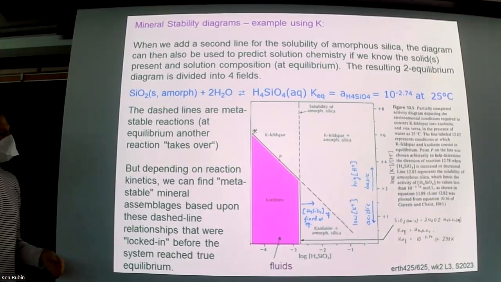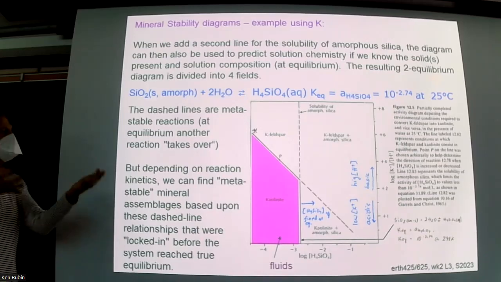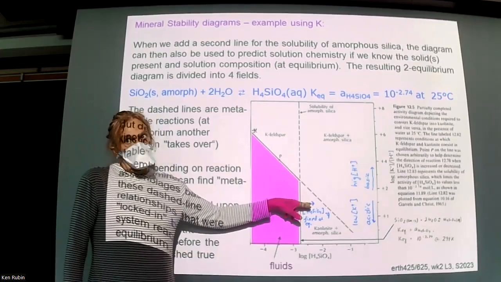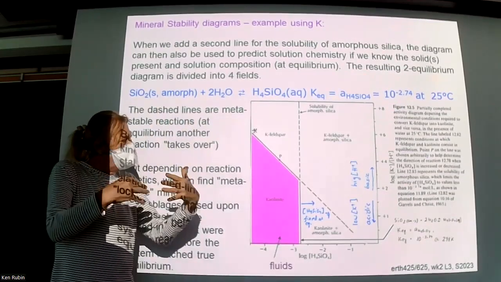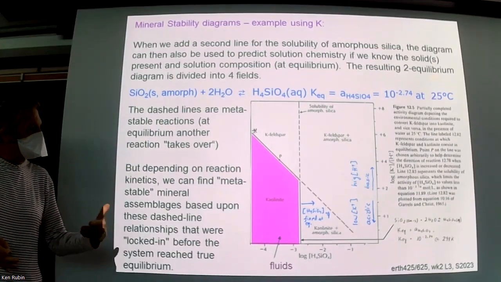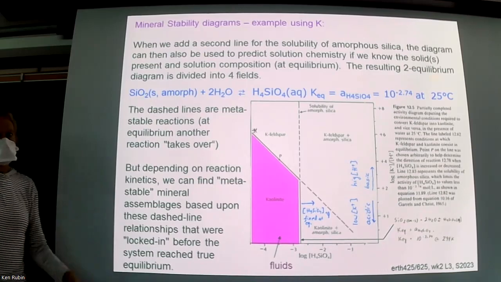You can imagine that, for instance, the precipitation of amorphous silica may take more time than the dissolution reaction here. We can sometimes find ourselves over the line. Eventually, we'll move back. That's the difference between chemical kinetics, which is the rate of processes, and chemical equilibrium, which is the end point of the process once all the dust is settled.